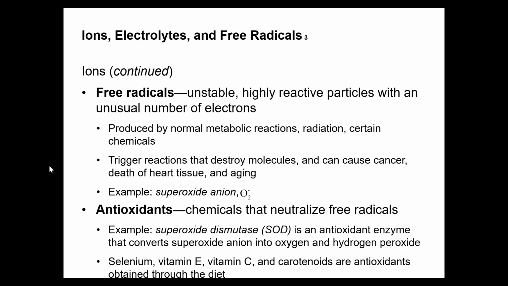So the superoxide is a free radical. The free radical is dangerous, is negative, is stressful. It gets muted into oxygen and hydrogen peroxide through the actions of superoxide dismutase.